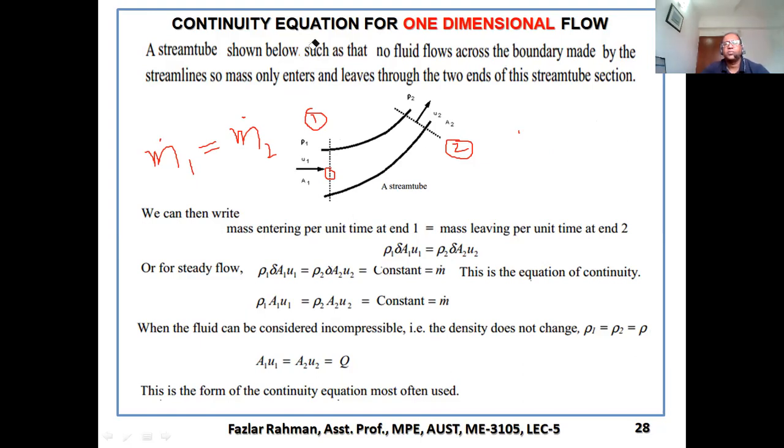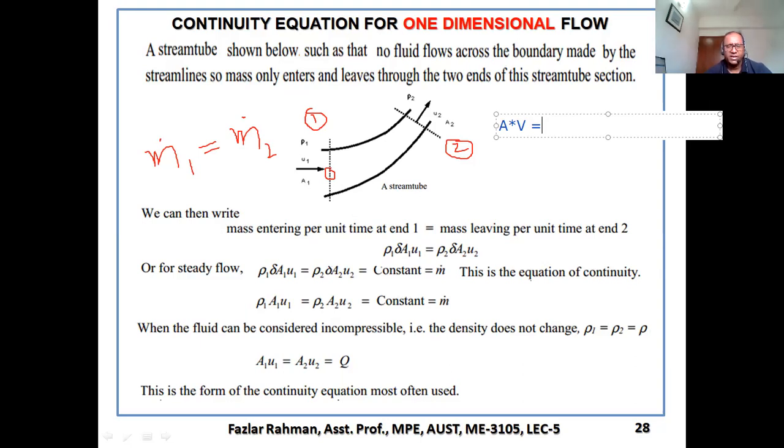I think I already showed you that if you multiply the area by the velocity of the fluid, you will get Q, the volume of water flowing per unit time.